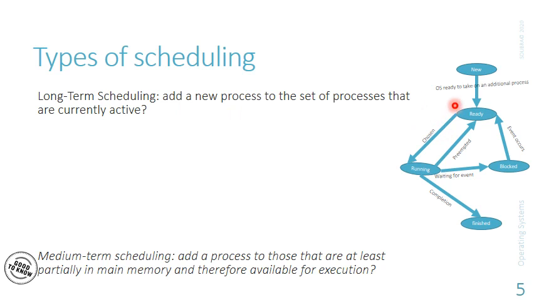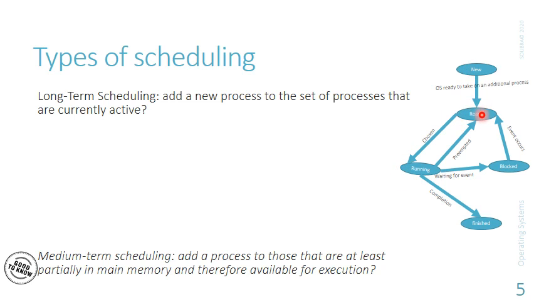So where would that be here on this map? It would definitely be here. So we're admitting a new process. A program, before becoming a process, is just sitting idly, passively, in the secondary storage, not in main memory, and then something happens and it's ready so it can get the CPU to execute.